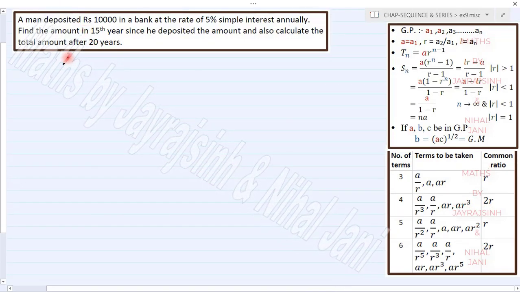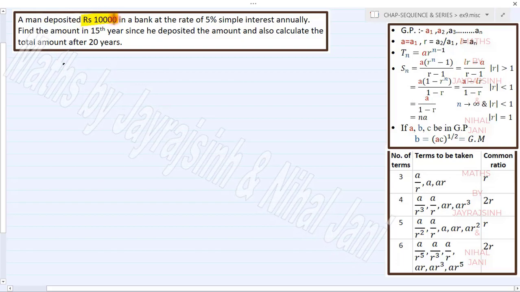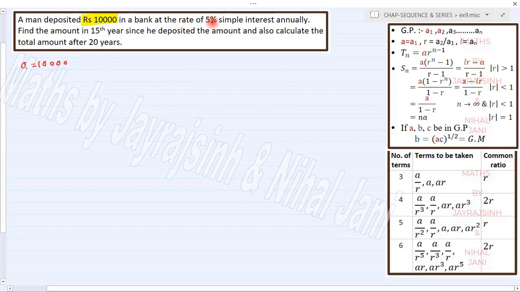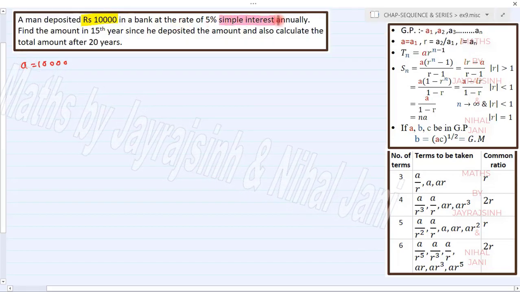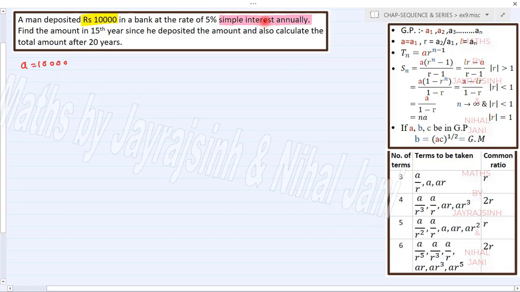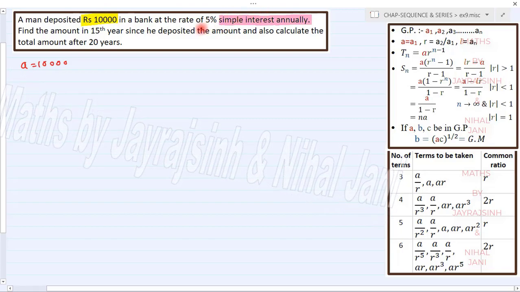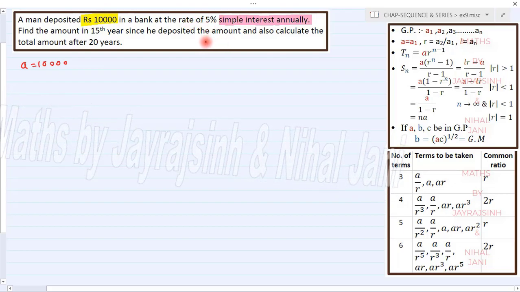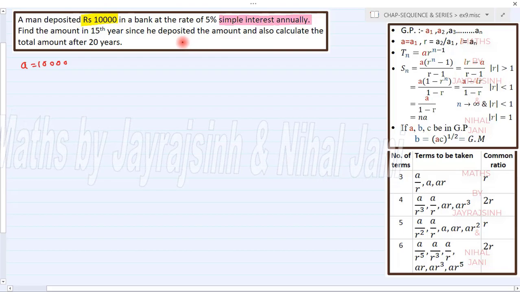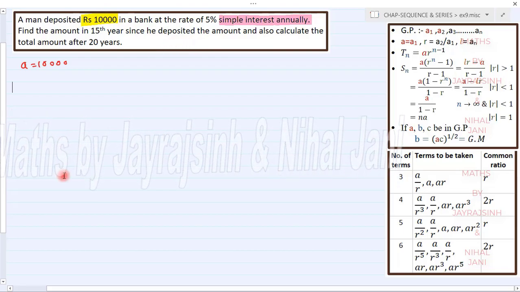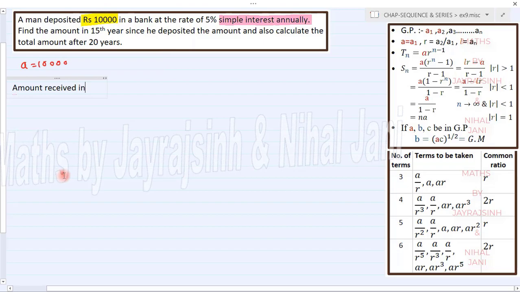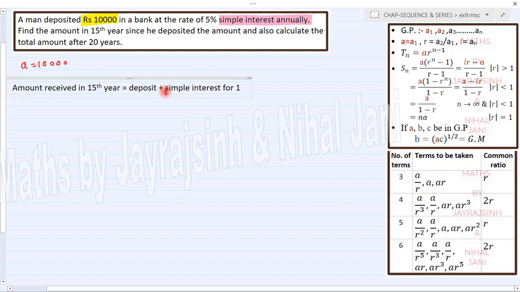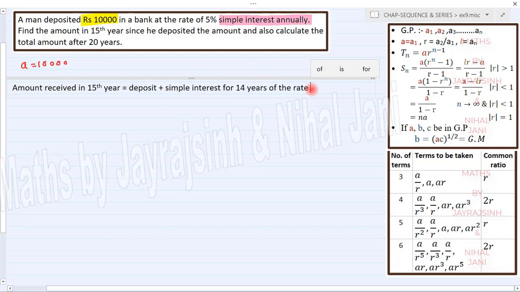In this problem, we have a man who deposits 10,000 rupees in a bank at the rate of 5% simple interest annually. Here, your interest rate is simple. Remember this thing. And we have to find the amount in 15 years since he deposited, as well as the total amount after 20 years. So the amount he received in the 15th year will be the deposit plus simple interest of 15 years at the rate of 5%.